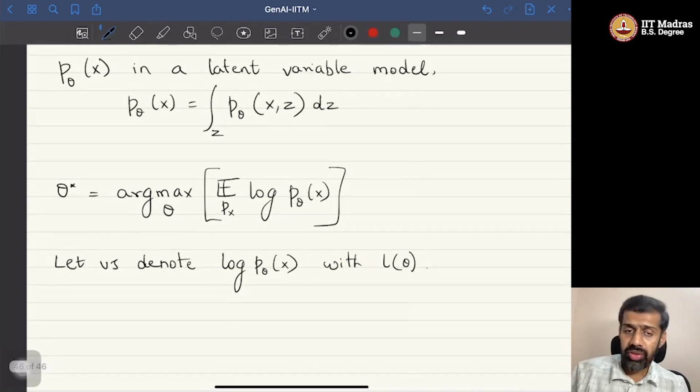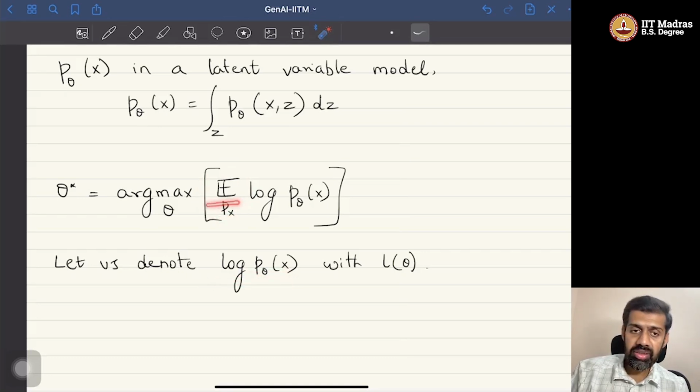Now what we will do is derive a method to maximize the log likelihood, and then write down the expectation after we devise a method to maximize the log likelihood.